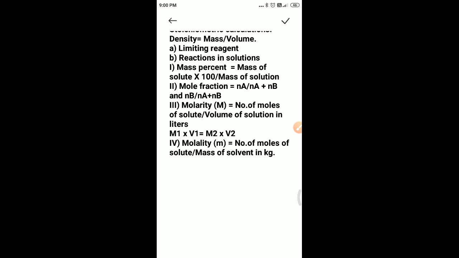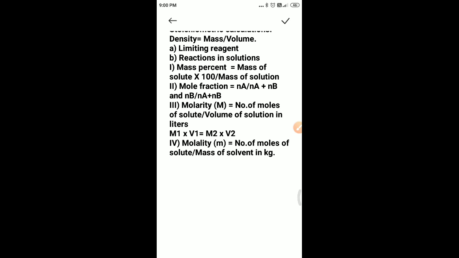So we get 200 ml of solution. So 200 ml of 1 molar NaOH is taken and enough water is added to dilute it up to 1 liter. This will give a 0.2 molar solution of NaOH.